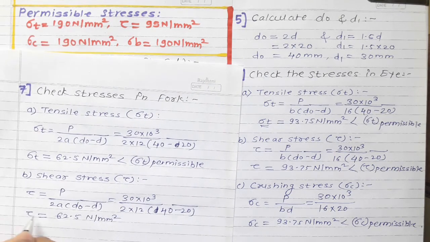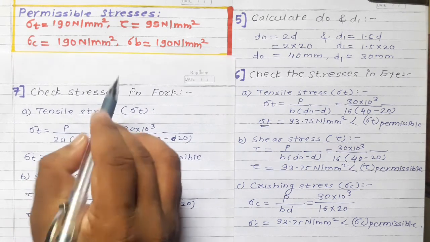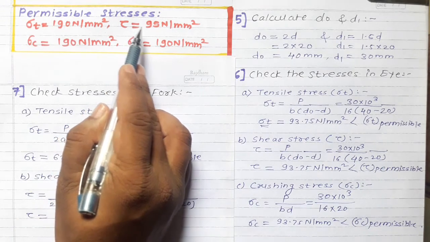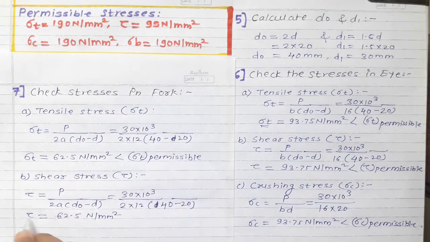Now this is the induced shear stress. Now we have to compare the value of induced shear stress with the permissible shear stress for knuckle joint, and the permissible shear stress is 95 Newton per mm square. So we can say that this induced shear stress 62.5 is less than tau permissible, that is 95 Newton per mm square, and therefore design of fork under shear stress is safe.